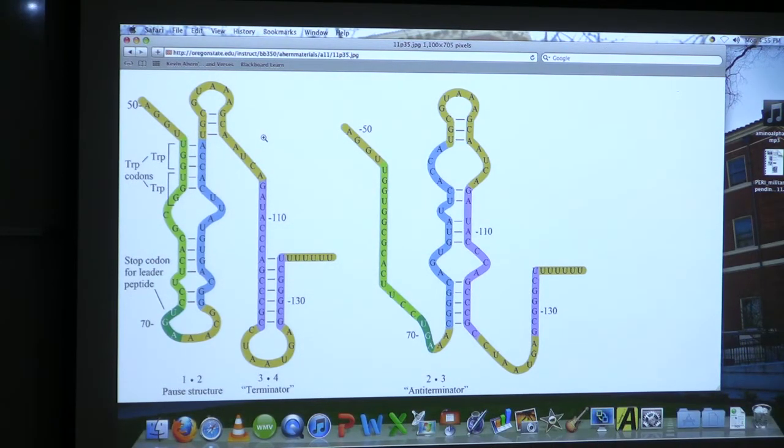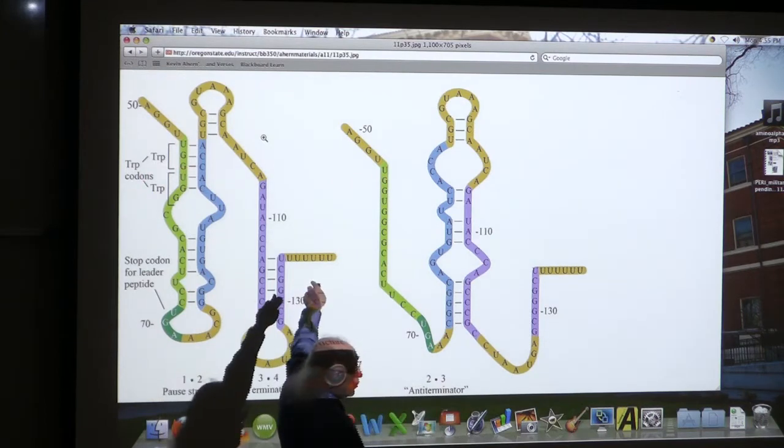Yes, ma'am? So does region 1 determine which one pairs? Okay, so the position of the ribosome really determines whether or not 1 and 2 and 3 and 4 pair or 2 and 3 pair. Now the difference is a little hard to see on this one. The difference is right here.